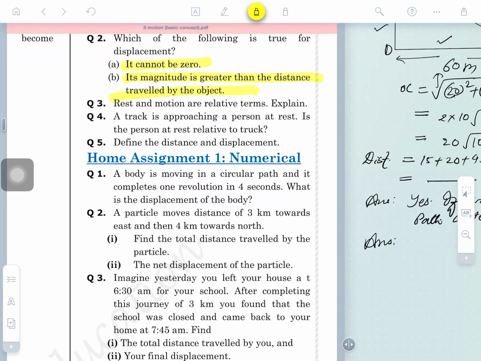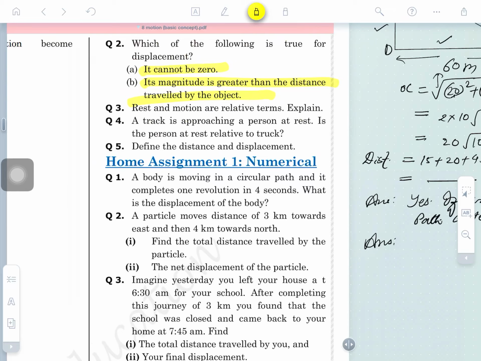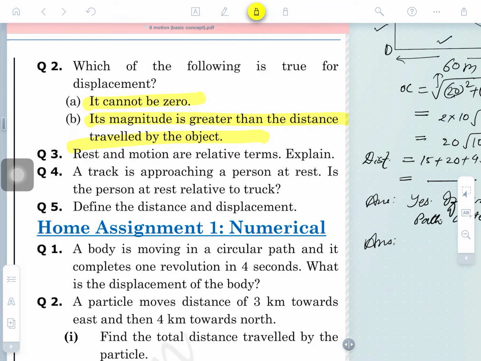See the next question. Rest and motion are relative terms. Explain why. You need to explain here why relativeness. Yes, this is a very interesting question in physics. What is the meaning of relative term? Imagine you are sitting in a train that is about to move.